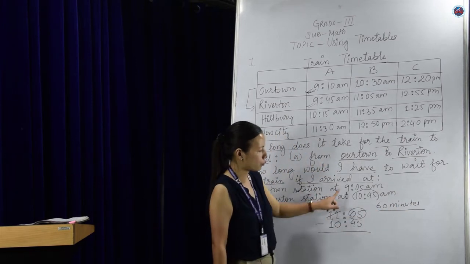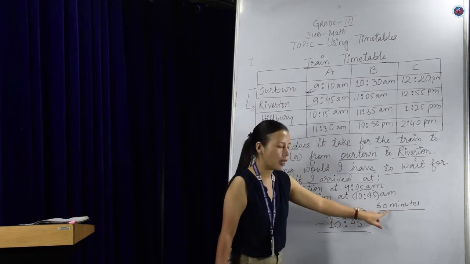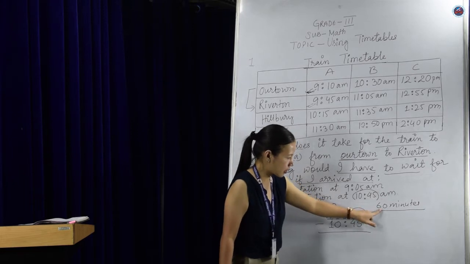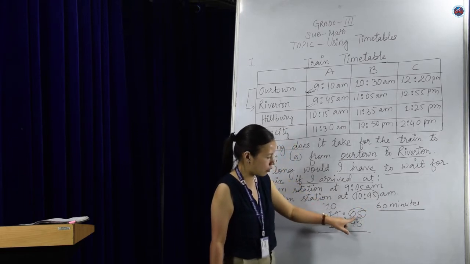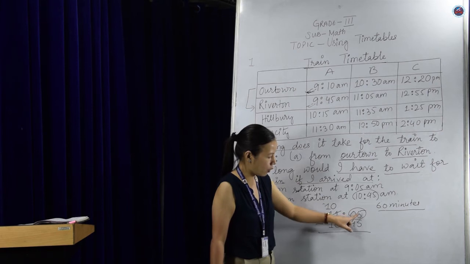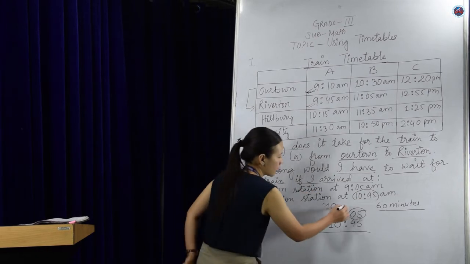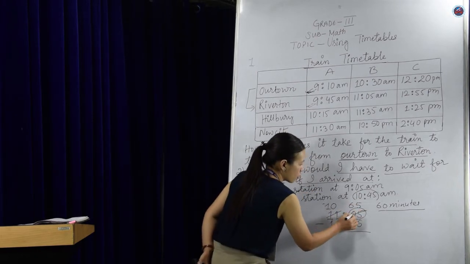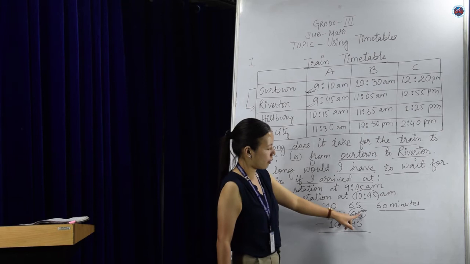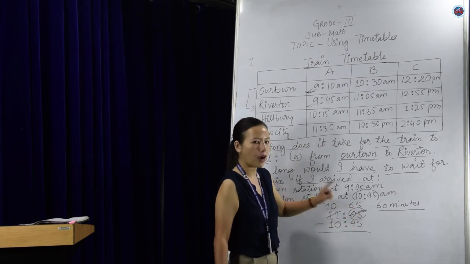Now this 60 minutes will be added with this 5, because we already have 5 minutes here, right? So we add this 5 with this 60. So we get how much? 65. So this number will no more count as 5, it will be counted as 65.